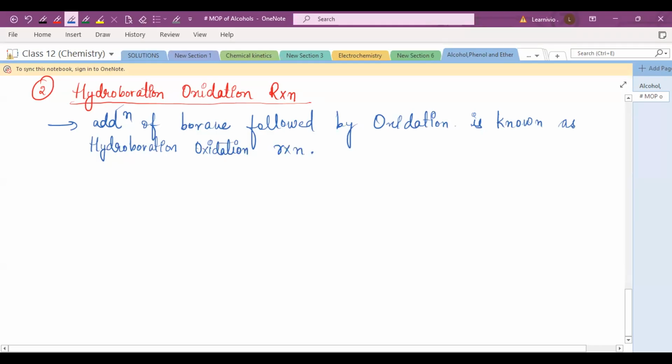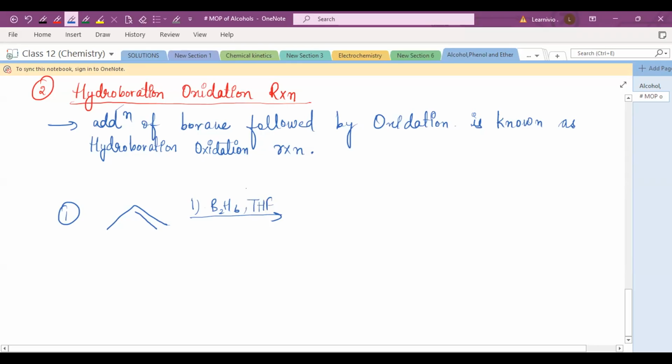Now see what happens in this. Suppose we take an unsymmetric type of alkene, in the presence of B2H6, diborane, और आप simple BH3 भी ले सकते हो, borane भी ले सकते हो. It is taken in the presence of THF.